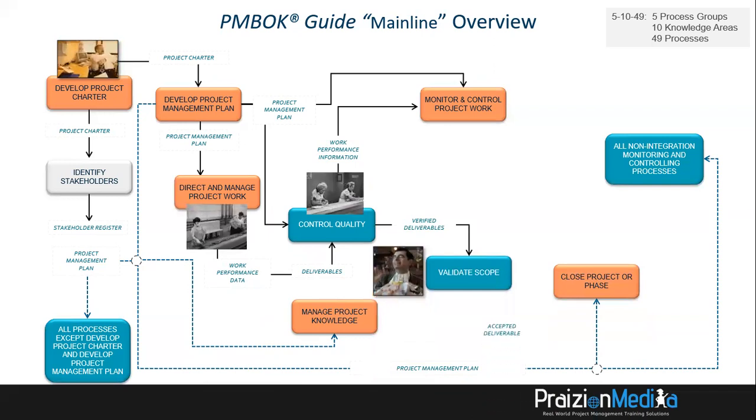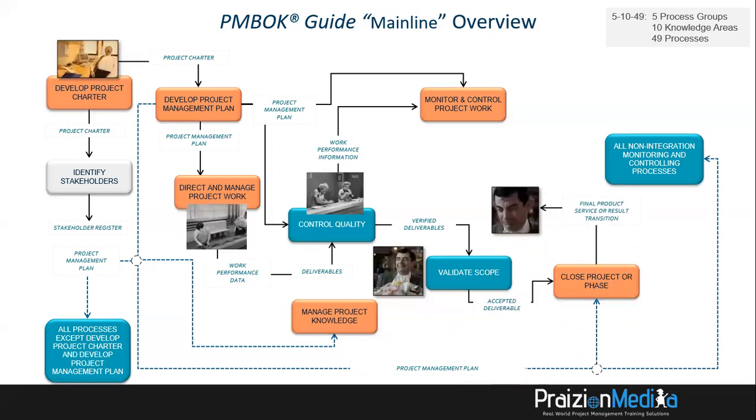You verify that deliverable with the customer. Ultimately, that verified deliverable needs to go into validate scope, where the customer validates the scope, validates that indeed you built what they were looking for. That becomes an accepted deliverable, and ultimately you get a final product, service, or result transition. You get a final report.